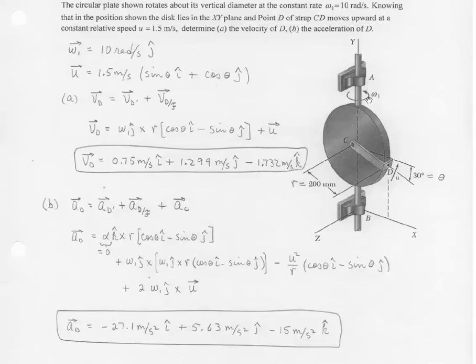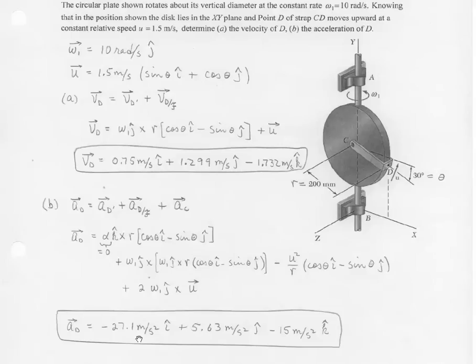And then your A sub D slash frame. So imagine that omega 1 was equal to 0 again, and what is the acceleration of this point right here at that time? It's moving at a constant speed in a circle, so all it's got is a v squared over r type thing, so it's going to be u squared over r, and pointed back towards C, so cosine theta i minus sine theta j, which points in this direction, with a minus sign in front of it, points back in that direction from D to C. And then you've got your Coriolis term, which is 2 omega 1 j crossed into u, u being again this expression up here.